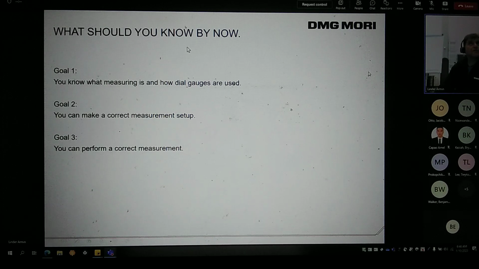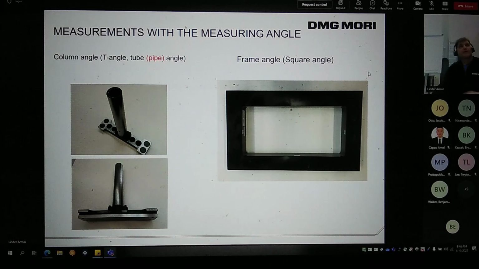So what should you know by now? Yeah. So here we see now the column angle, T-angle, tube pipe, however you will call. So we call it T-angle in our plant.